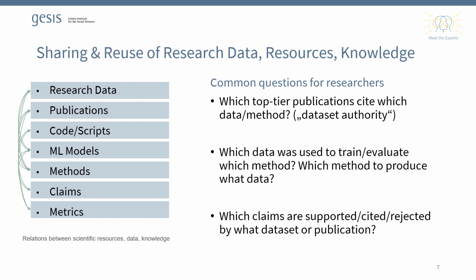When it comes to searching for one or several of these, common questions for researchers may be, as an example, which top-tier publications cite which dataset or method, which data was used to train or evaluate which method, which method has been conducted to produce what data, or which claims are supported or cited or rejected by what dataset or publication.